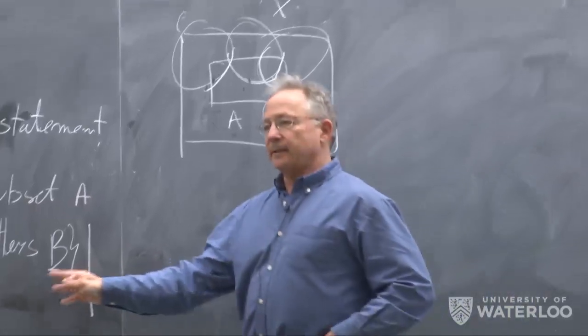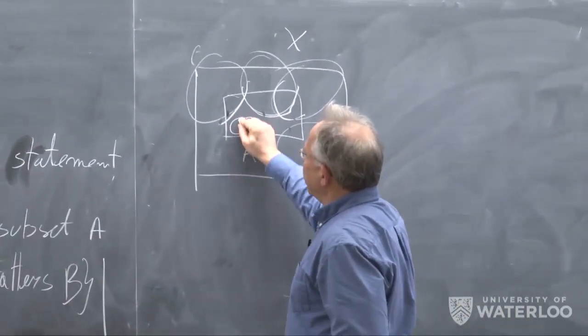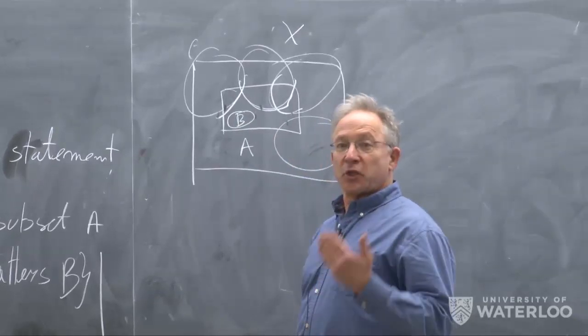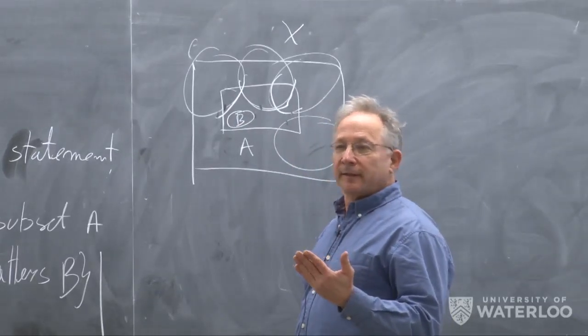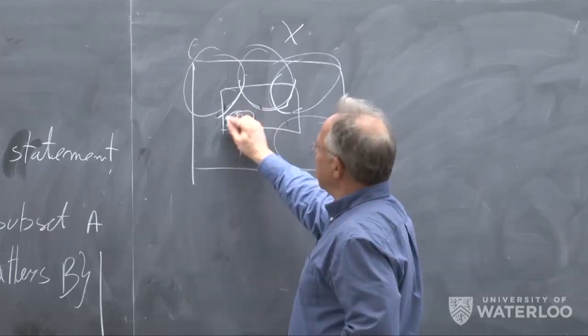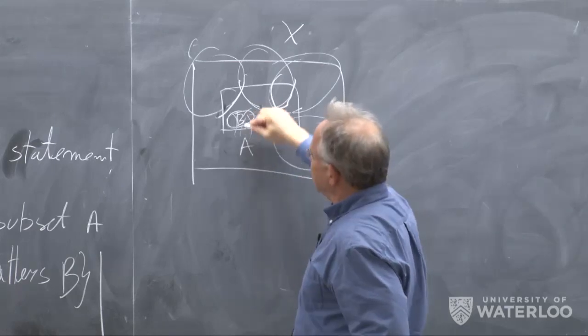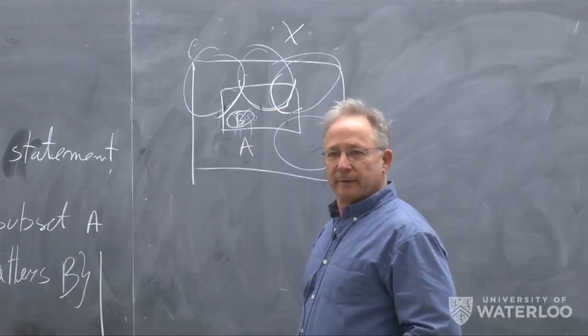What is the right-hand side saying? The right-hand side is saying how many subsets B of A are shattered by H. This looks much more demanding. A set B is shattered by H if H can cut every possible subset of B.